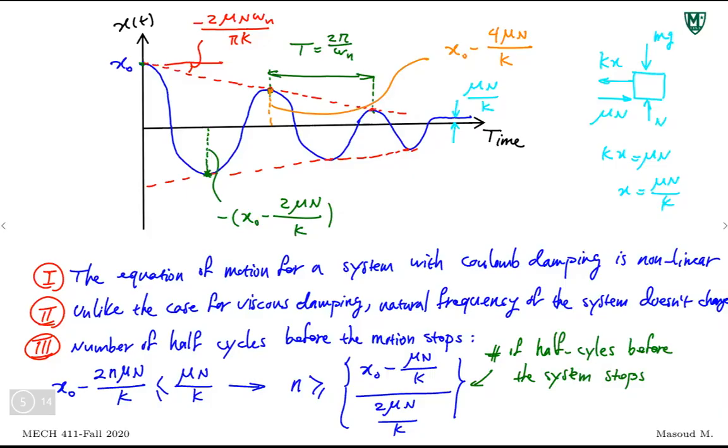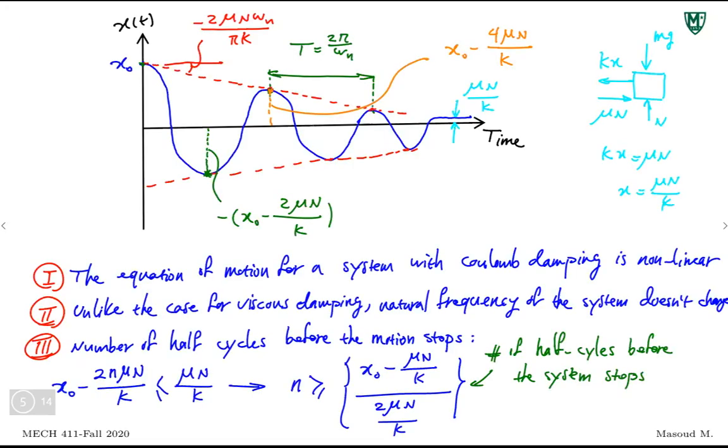Last thing about a spring mass system with dry friction is that we saw the amplitude reduces. If you plot the system response and connect the peak values, you'll get a linear relationship.